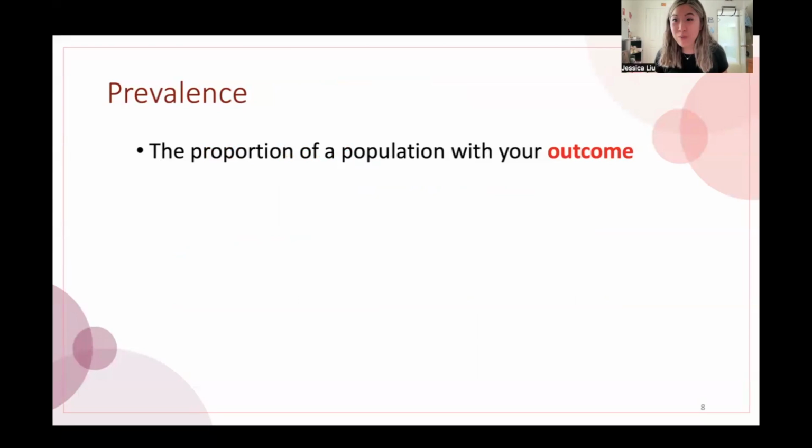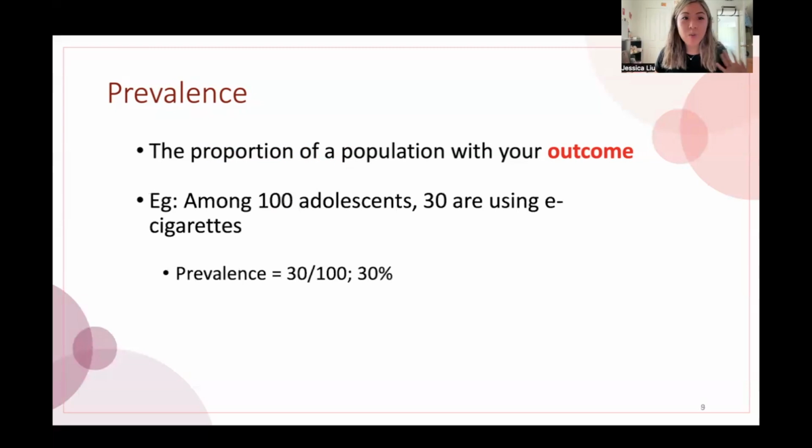The first term that I want to define is prevalence, which is the proportion of a population with whatever outcome you're looking at. In this case, we're looking at e-cigarette use. So, for example, if we had 100 adolescents in our population of interest, and we identify that 30 of them are using e-cigarettes, our prevalence would then be 30 adolescents among the 100, or otherwise 30%. So the prevalence of e-cigarette use would be 30% in this population.